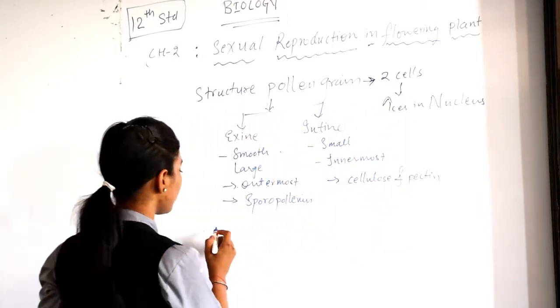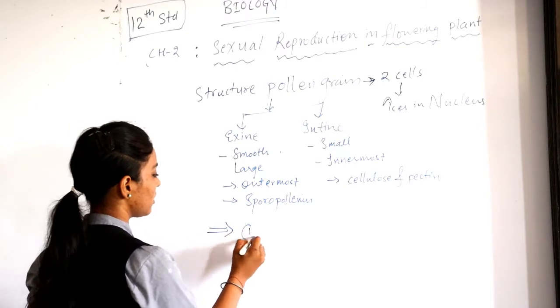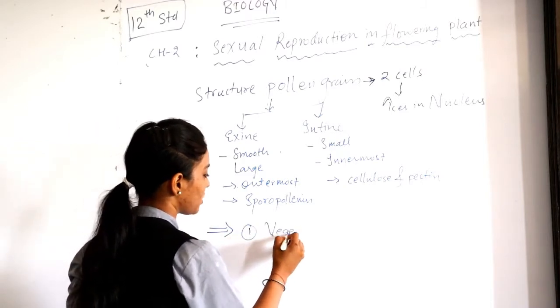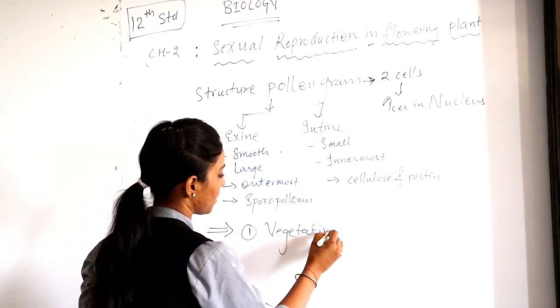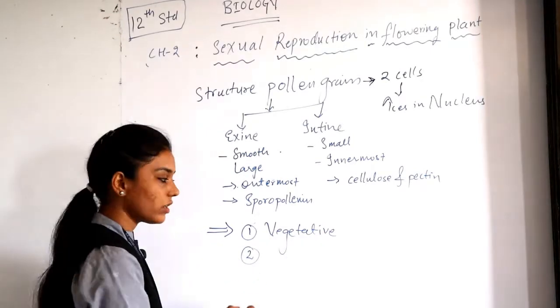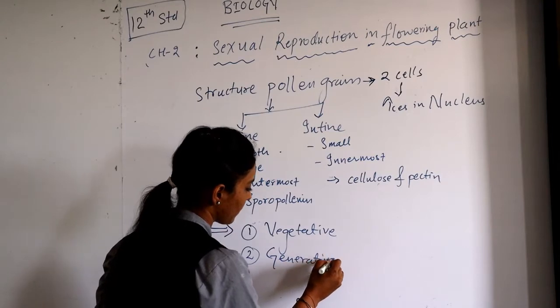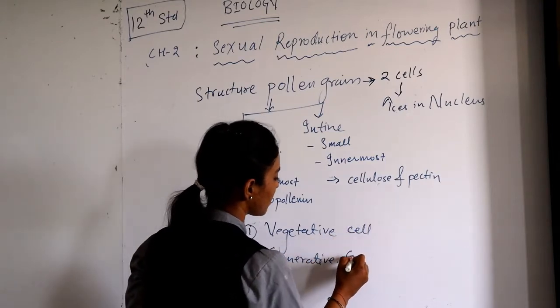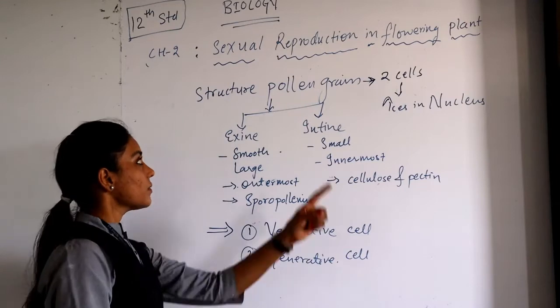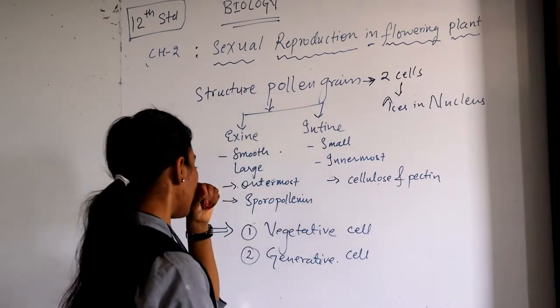And what were those two types of cell? The first one was vegetative and the second was generative. So these were the two types of cells present in pollen grains.